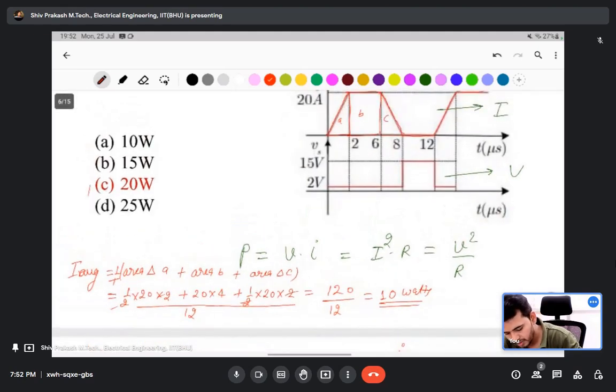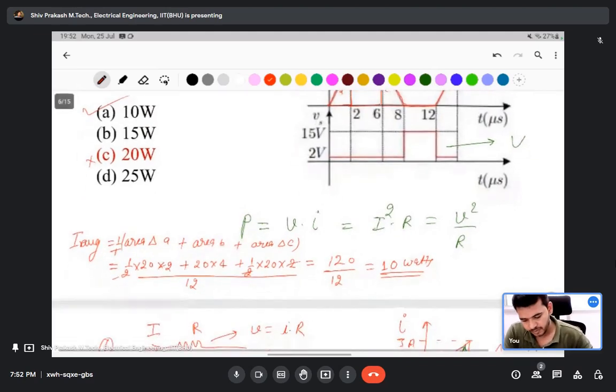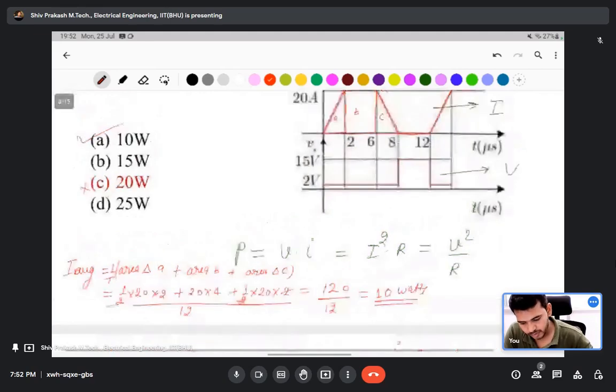This is not 20 watt, this is 10 watt power.